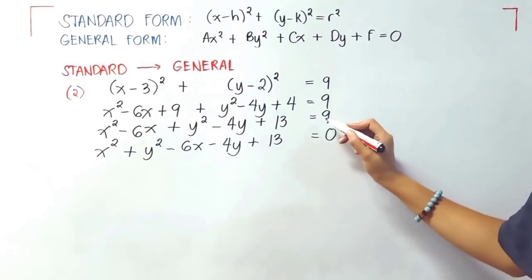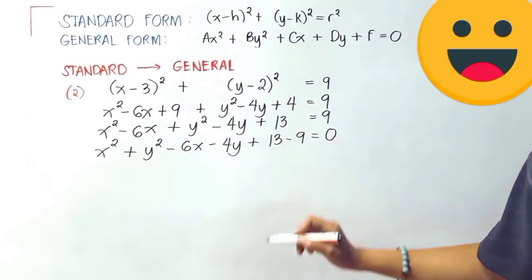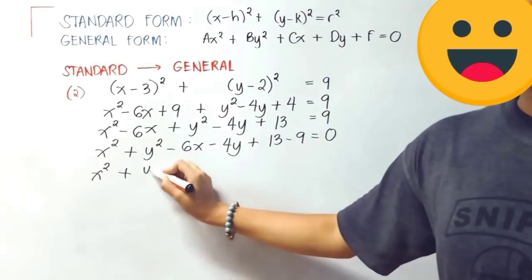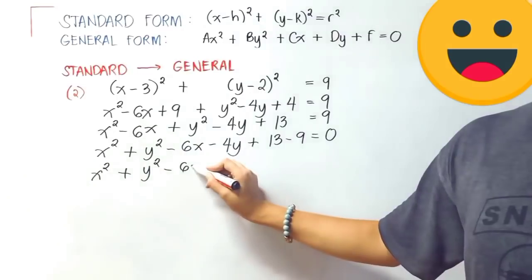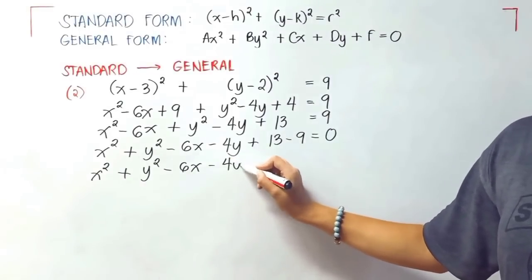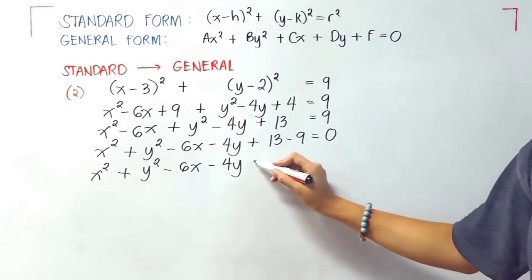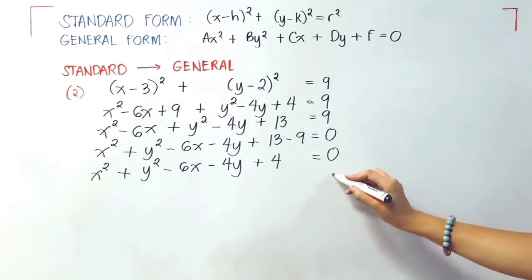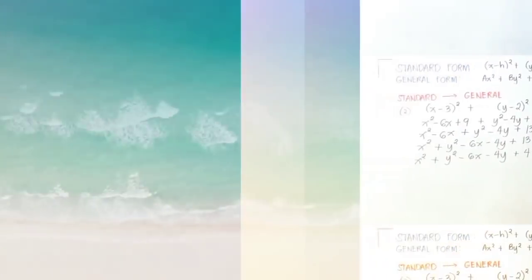Again, the right side should be 0, so we'll transpose, making it negative 9. Now we can still operate the constants, so we'll copy this one first. And then the answer is 4 equals 0. This is our final answer.